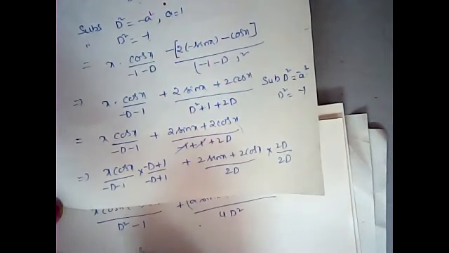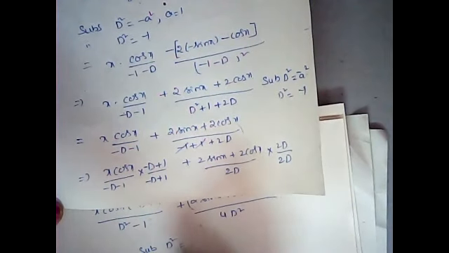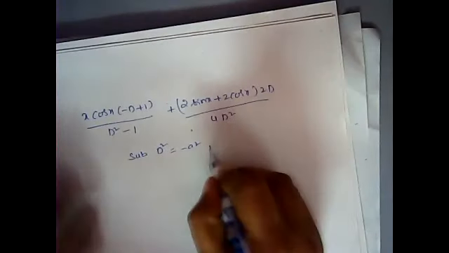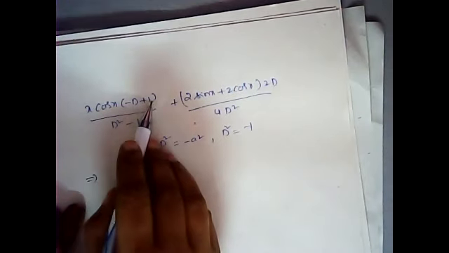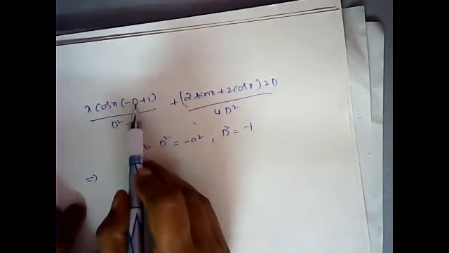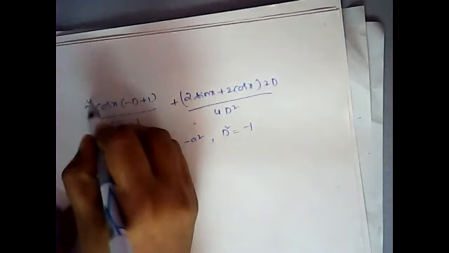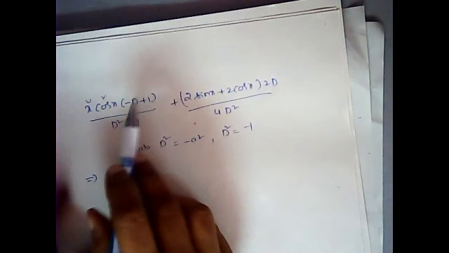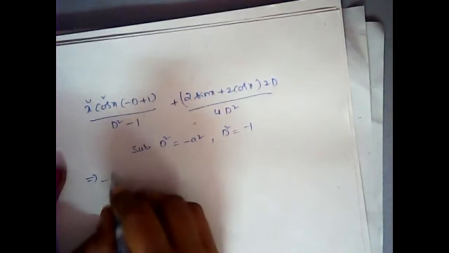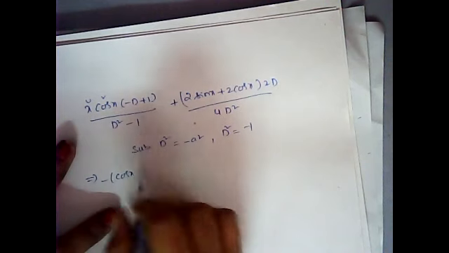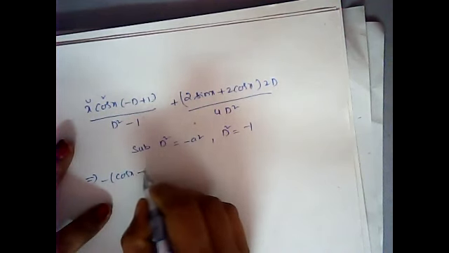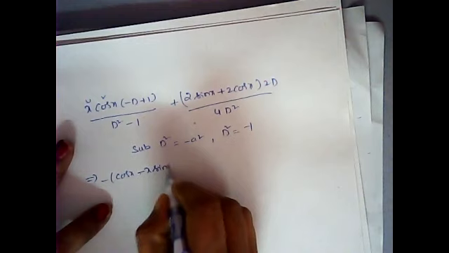So again we need to substitute D square is equal to minus a square, which is minus 1, means D square is equal to minus 1, we need to substitute. We will substitute it while substituting in the numerator part also. So derivative of x cos x means uv here, right? So what is the differentiation of x here? 1. So which is cos x here, and the differentiation of cos x is minus sin x. So minus x sin x.